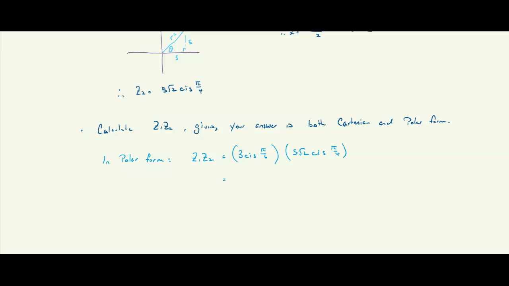So what do we do? We multiply the moduli, so we end up with 15 root 2, and we add the arguments. So we end up with 4 pi plus 6 pi, so 10 pi over 24, or 5 pi over 12.